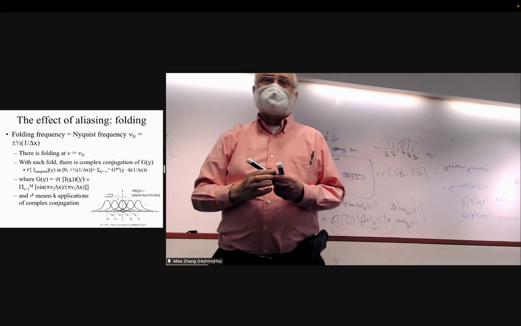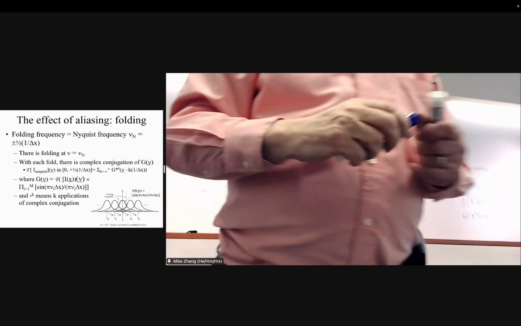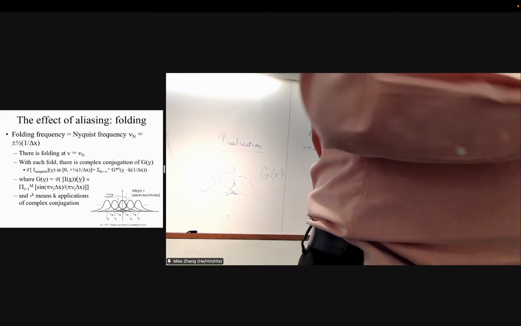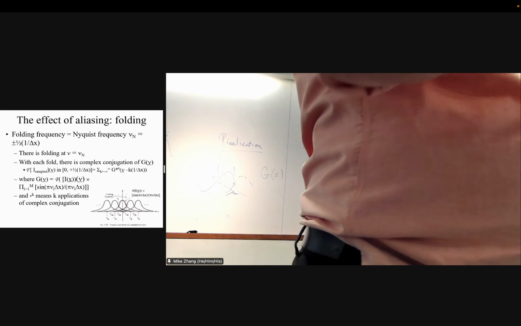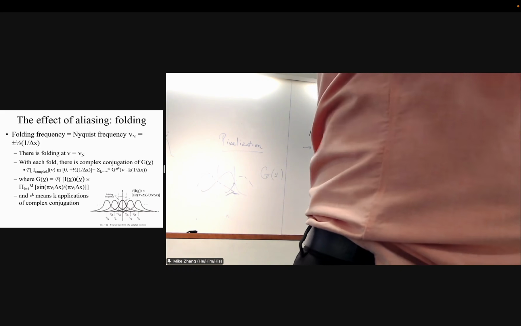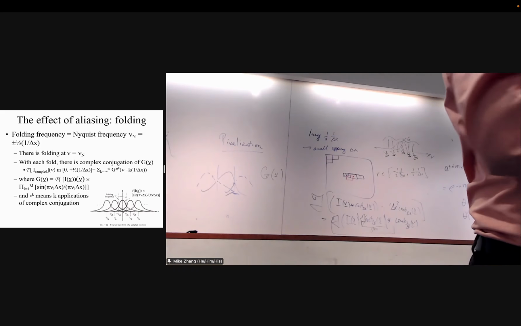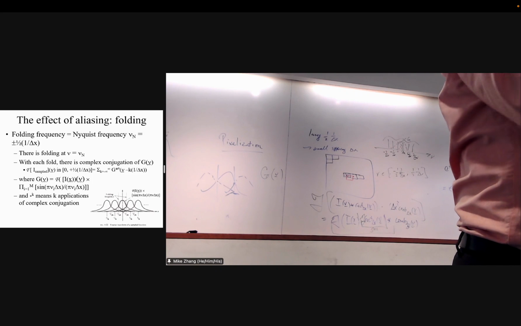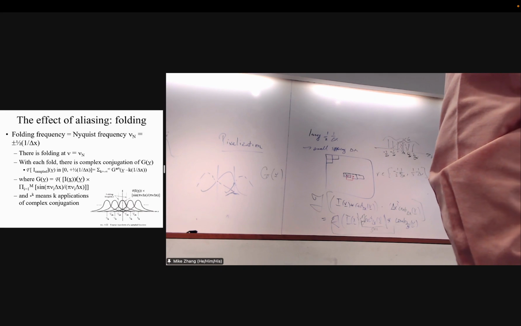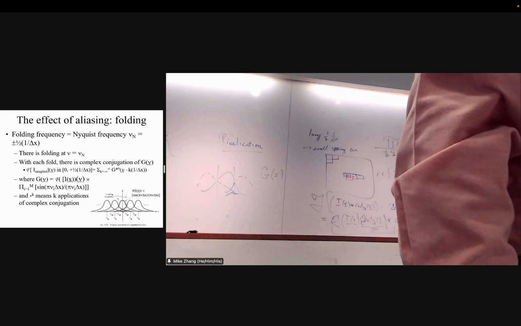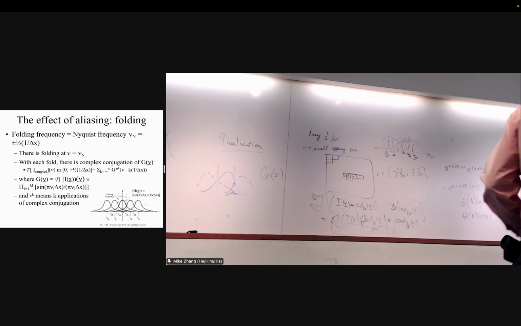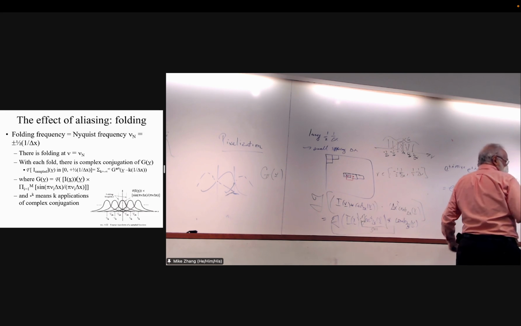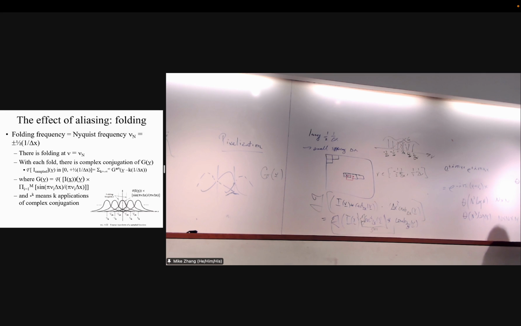So if you tell me what the folding frequency 1/2 delta x is, well, I can multiply that by 2, and take its reciprocal, and that gives me delta x, and that's the spacing I want when I'm doing pixelization. And so I've basically answered my question.